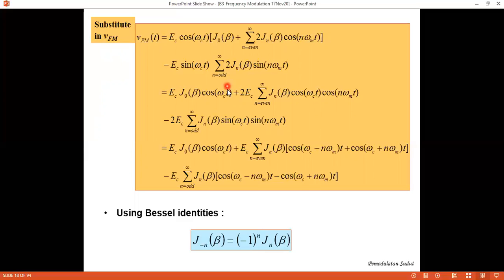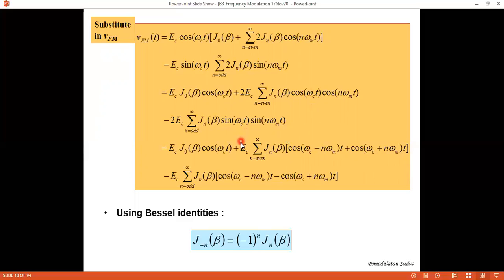We have already used these identities before, it's the same thing. So from here, we replace, and it becomes cos(omega_c minus n omega_m t) and cos(omega_c plus n omega_m t).